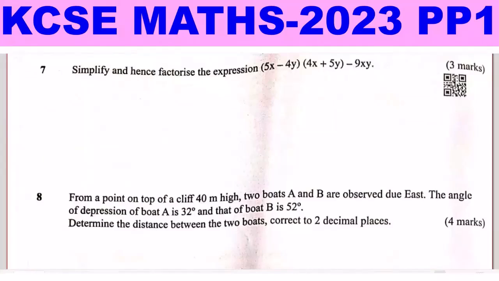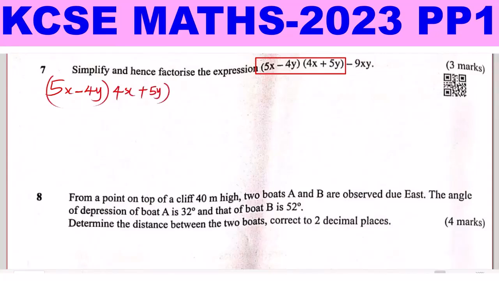Question 7. Simplify and hence factorize the expression given there. So we shall begin by expanding. So let us expand this part that is here. So 5x minus 4y, 4x plus 5y.